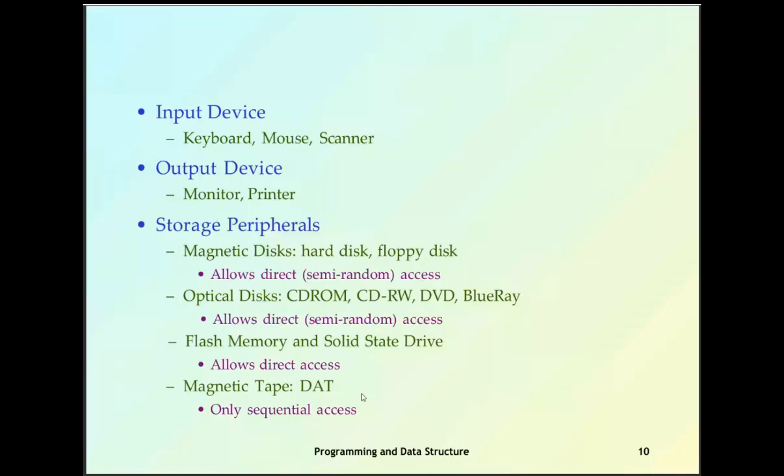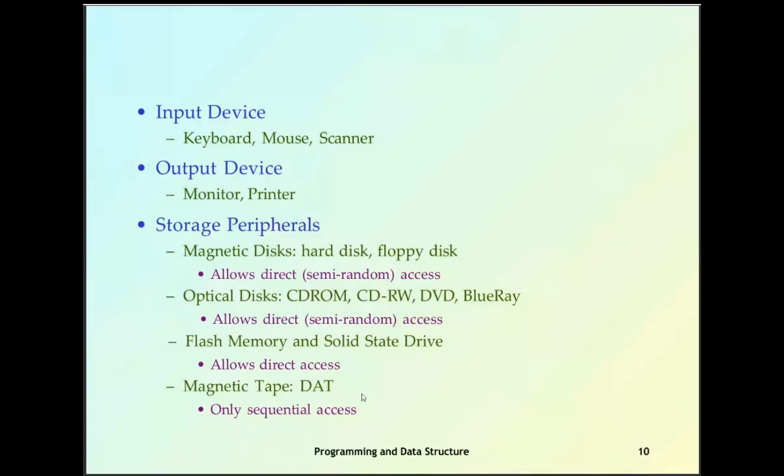Now coming to the storage peripherals, we have a range of devices that we can use to store the data: the magnetic disk, optical disk, flash memory or SSD, and magnetic tape, which is outdated now.